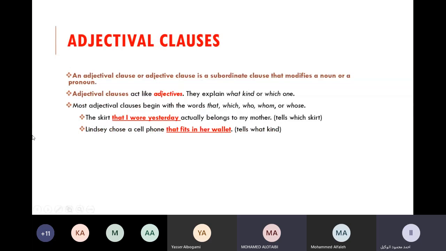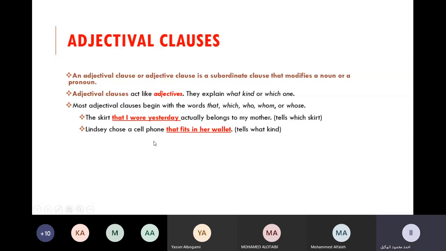Okay. No, teacher. Lindsay chose a cell phone that fits in her wallet. Lindsay chose a cell phone. Until here, I have a main clause, right? Lindsay chose a cell phone. Okay, that's finished. But I brought here that fits in her wallet, which is the subordinate clause, right?